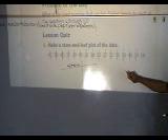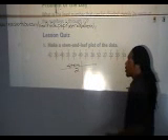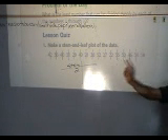So the lowest number, what is our lowest number here? Okay, 21. So our lowest stem would be in the 20s. So we just write a 2 one time as our stem. That means all the numbers that are in the 20s are going to go on that line. Okay?